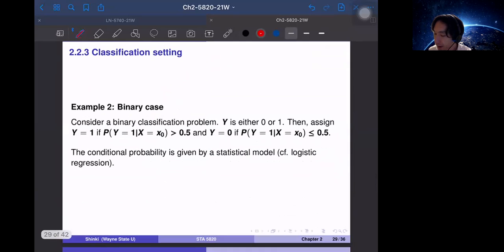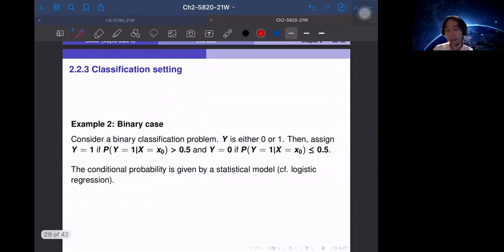Yeah. So the Bayes error rate corresponds to the mean square error. And the binary case is a little simpler. So Y is either 0 or 1. We assign Y hat equal to 1 if the probability of Y equal to 1 is more than 1/2.